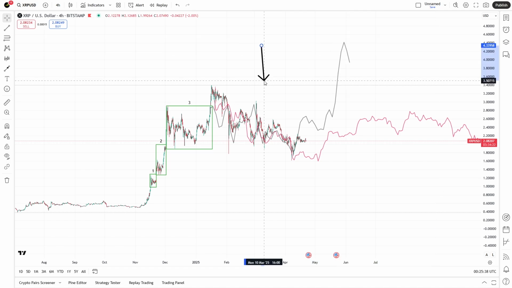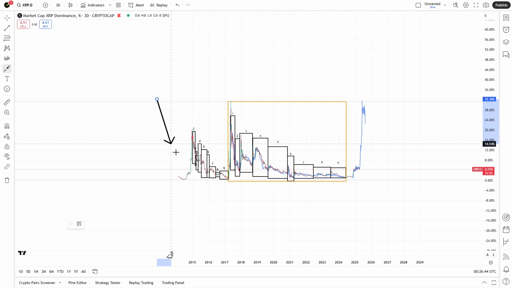So now that I've shown you two different possibilities on the XRP chart, what I'd like to do is show you the XRP dominance, because that is also, I believe, giving us clues as to what could potentially take place. Okay, so here we are at the XRP dominance chart, and it's my belief that this chart has a repetitive macro structure to it.